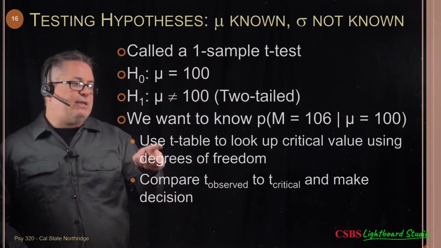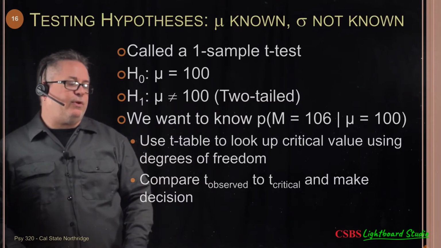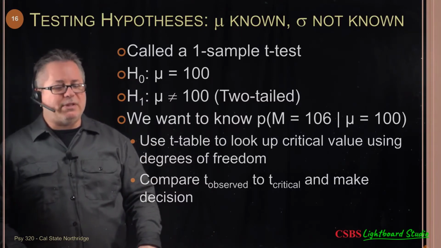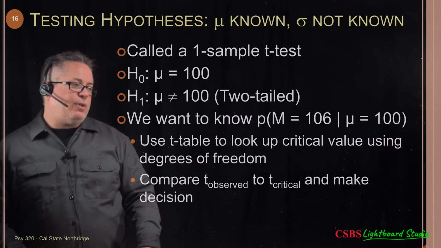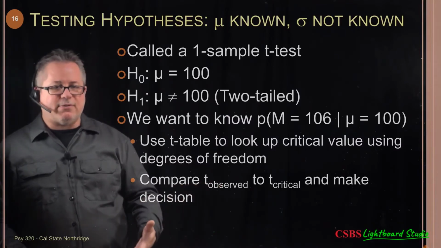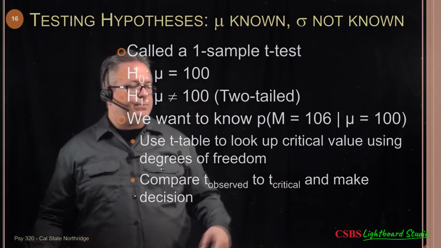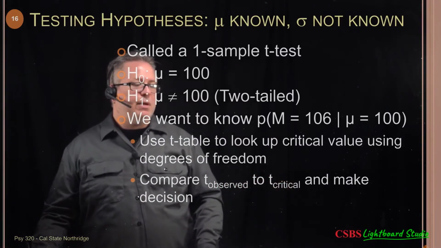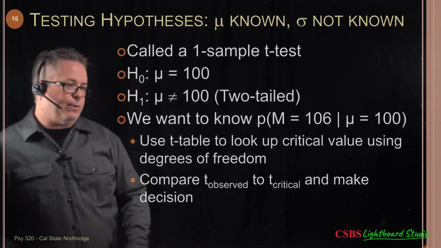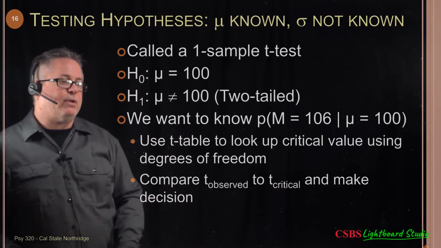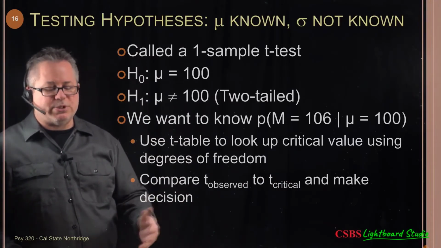We're going to use a t-table to look up a critical value using degrees of freedom instead of the z-table we used before. We're then going to take our t observed instead of our z test from before and compare it to our t critical, the one from the table. Then we'll use that to make a decision on whether or not we think IQ plus worked, whether we're going to retain the null or reject it.